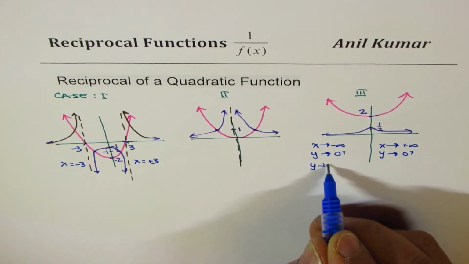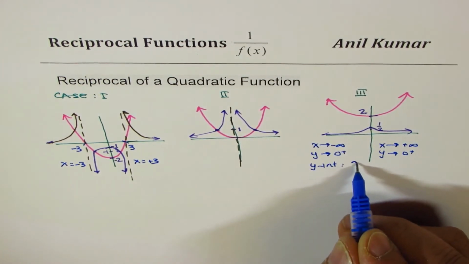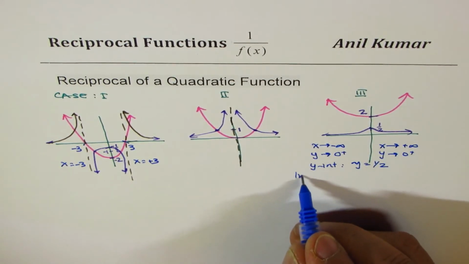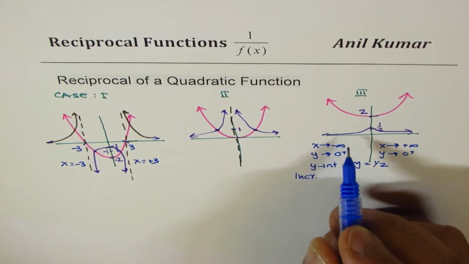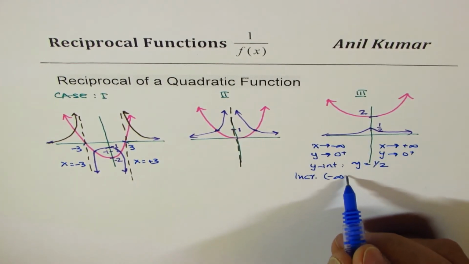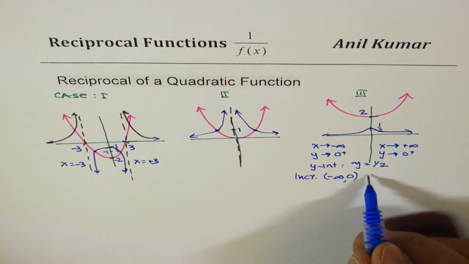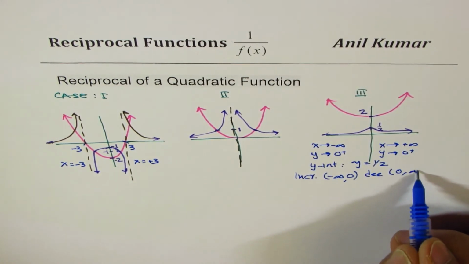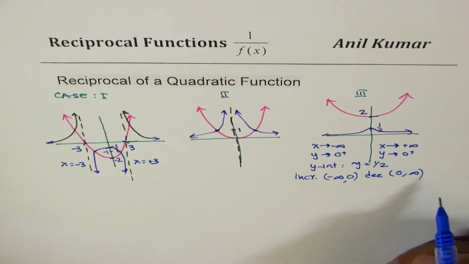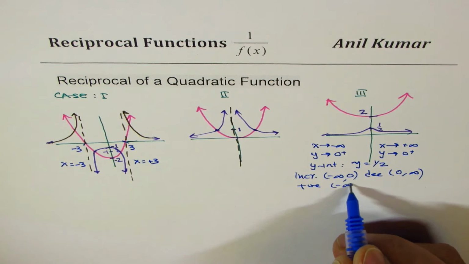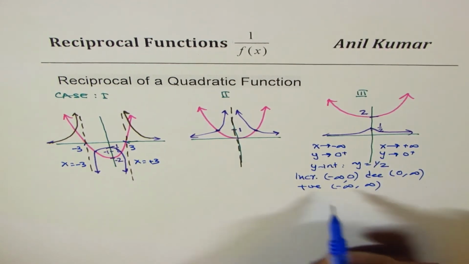However, the y-intercept is at y equals half, right? It is increasing in the interval from minus infinity to 0, and it is decreasing from 0 to positive infinity, correct? And it is positive from negative infinity to positive infinity.